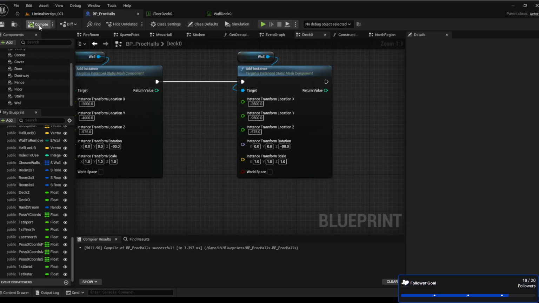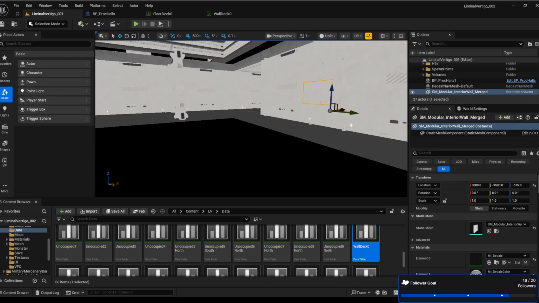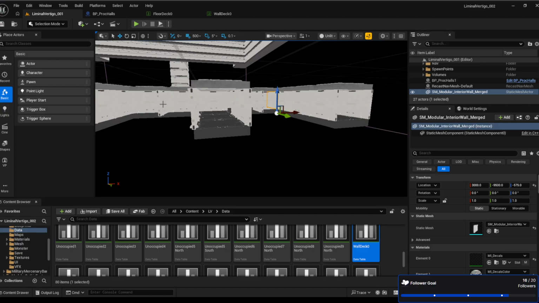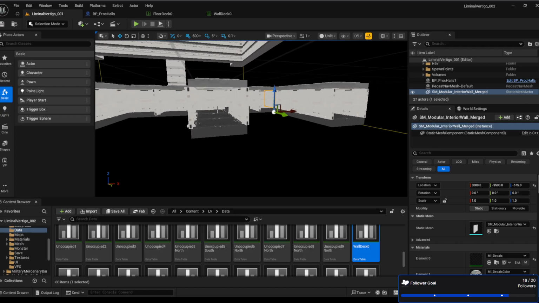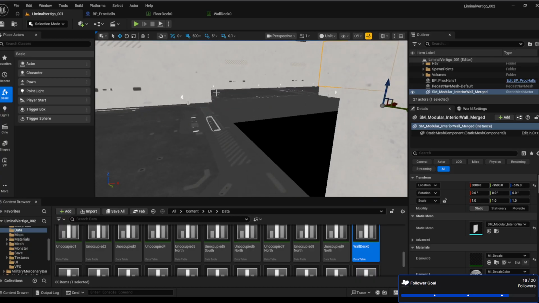If we compile, we should see one of those move over to the right. Okay, there we go. I moved this one wrong. I moved it to the left. It should move over here to the right to block this.